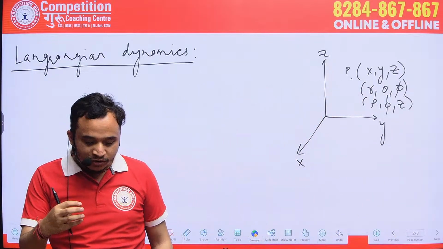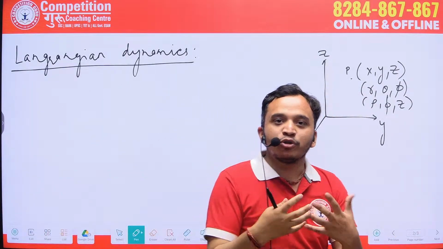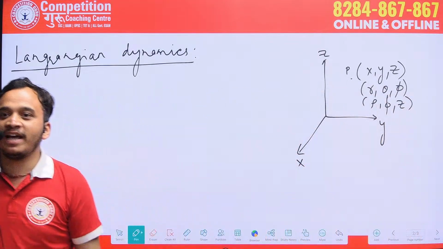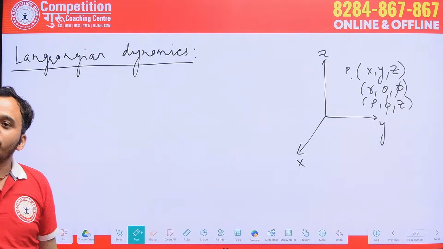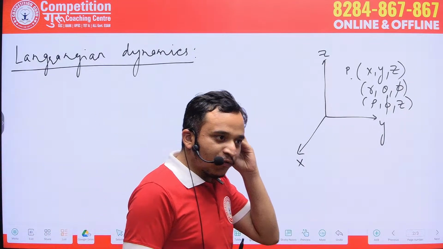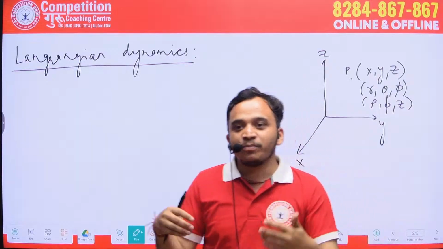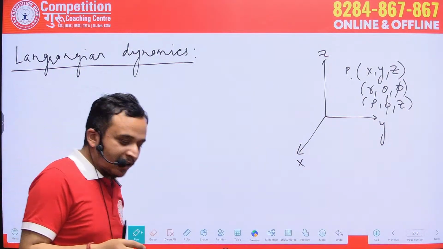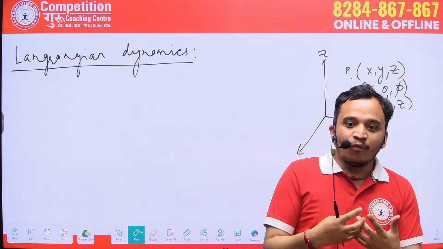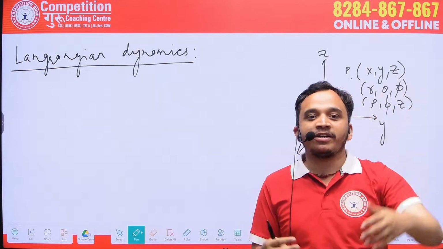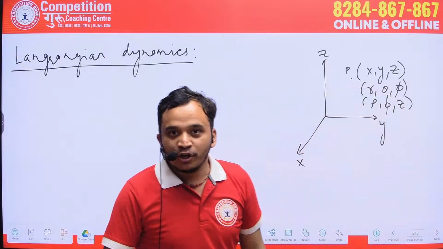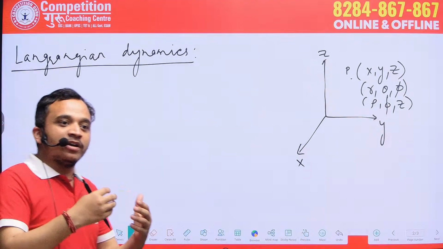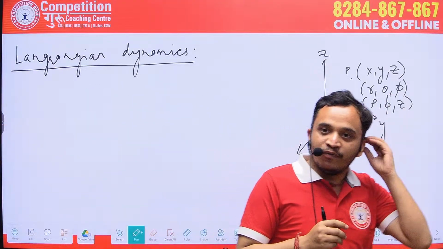To describe the motion of the object, we need the initial position as well as the initial velocity of the particle. If I have one particle which has an initial velocity, for example 10 meter per second, and I want to know what will be the position and velocity of that particle after some time, I have to describe from where the particle started and what its initial velocity was.